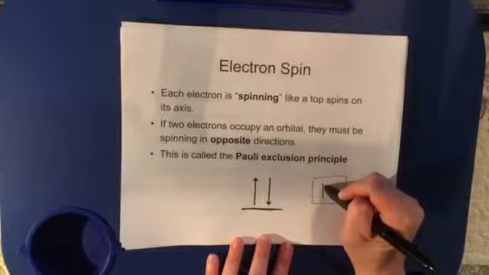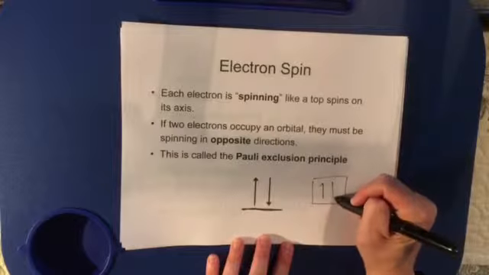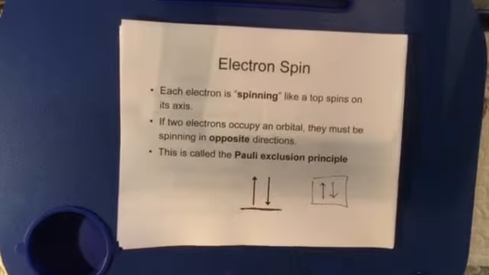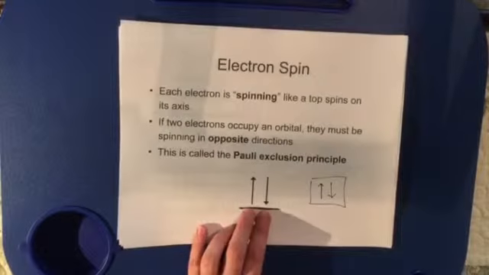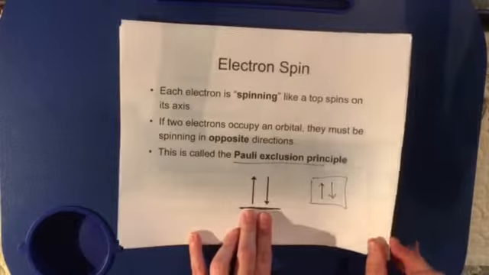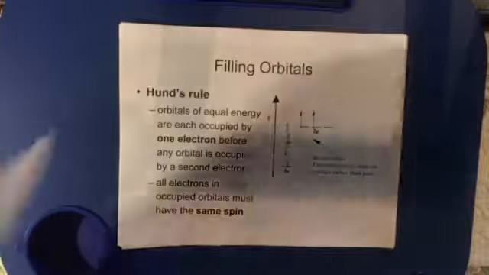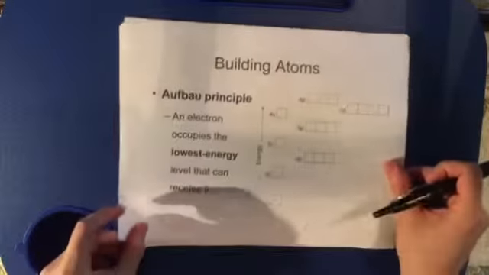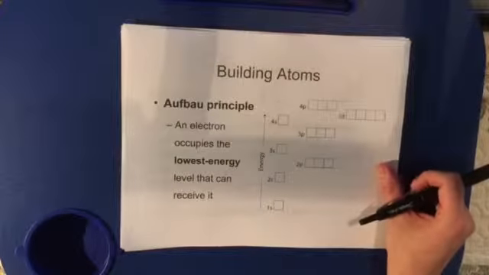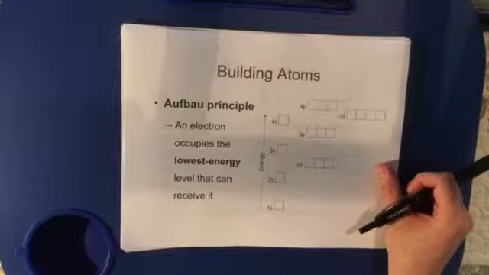We represent that they have different spins by having one arrow go up and one go down. You can do half arrows or you can complete them like that. But these 2 electrons have to be spinning in opposite directions, and this is called the Pauli exclusion principle. And then the next rule is the Aufbau principle, which means that the electrons are going to want to occupy the lowest energy level that can receive them.